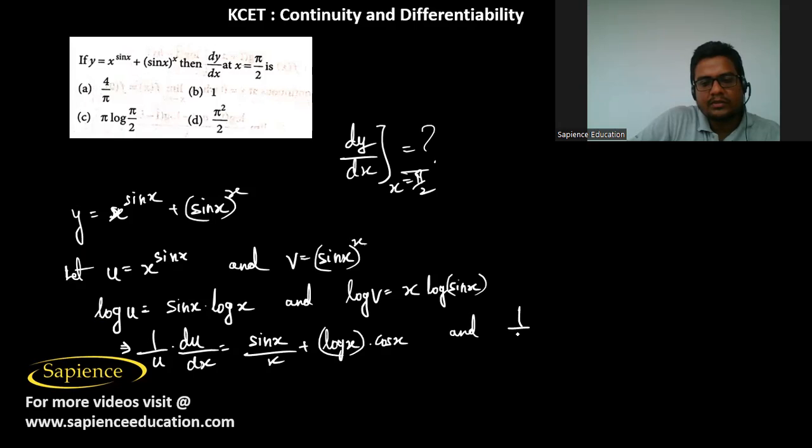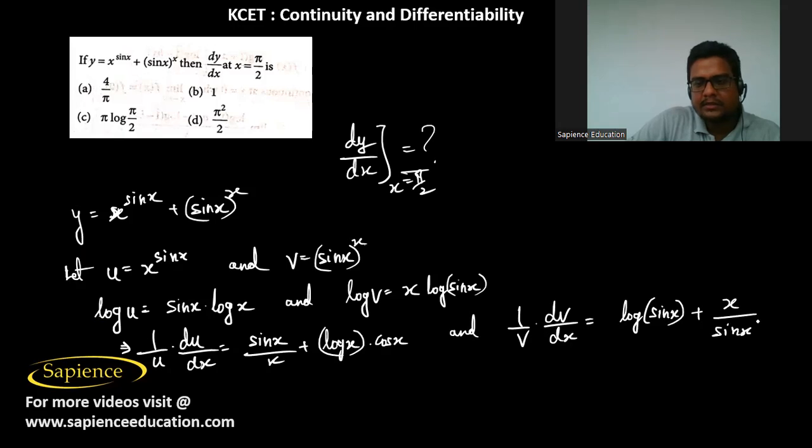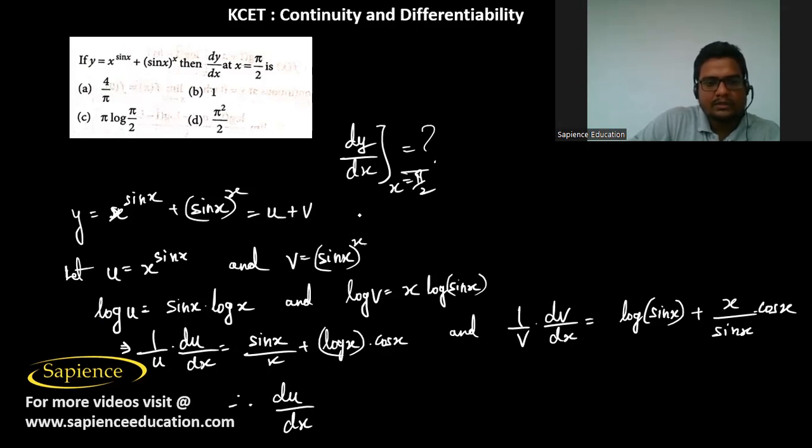And this will be equal to 1 by v dv by dx, that will be equal to log sin x, then plus x by sin x into cos x. So therefore, since we are writing y as u plus v, it means dy by dx will obviously be equal to du by dx plus dv by dx.